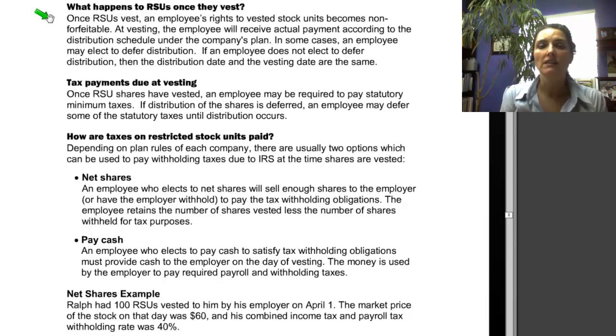If an employee does not elect to defer distribution, then the distribution date and the vesting date are the same. Tax payments are due at vesting. So once RSU shares have been vested, an employee may be required to pay statutory minimum taxes. If distribution of shares is deferred, an employee may defer some of the statutory taxes until distribution does occur.